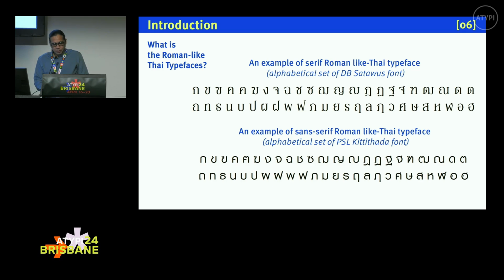Roman light typeface includes both serif Roman light typeface and sans serif Roman light typeface. The sans serif Roman light typeface is popular in Thailand.